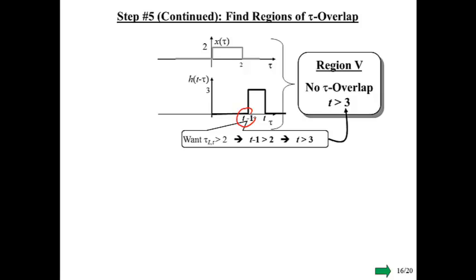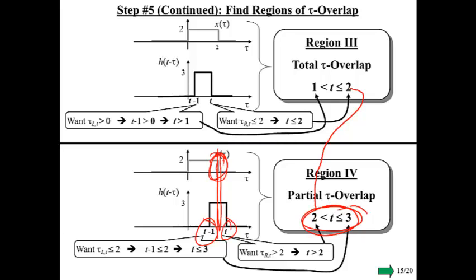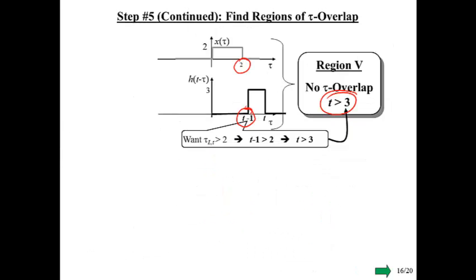For that case, I want t minus 1 to be greater than 2. And so that leads to t greater than 3. So again, notice when region 4 ends at 3, region 5 starts at 3. So I now have 5 regions. How many regions I have and what they'll look like depends upon the structure of the signals. So you kind of have to practice this a little bit to learn all the ins and outs of it.